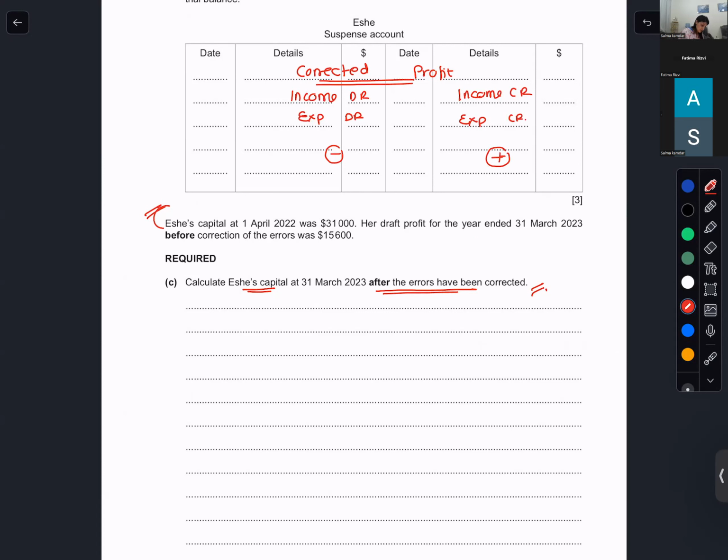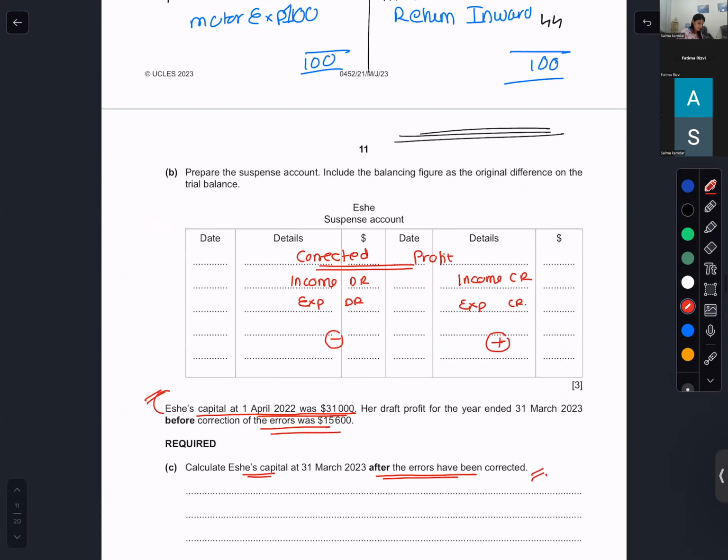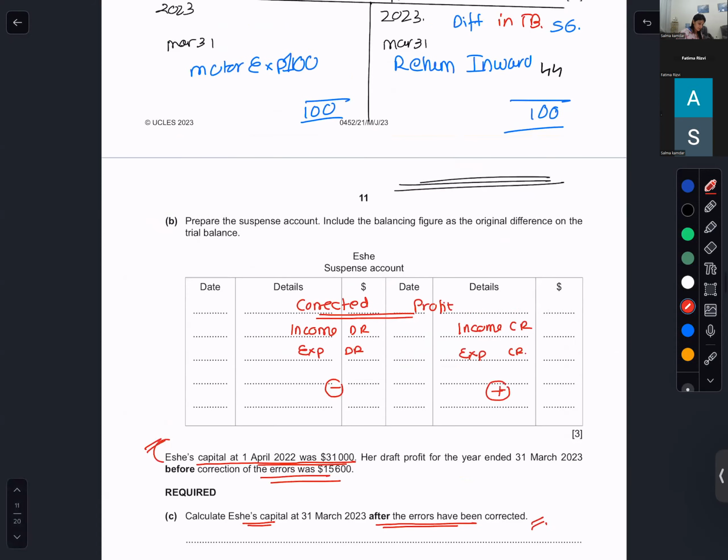Yes, miss. So what is her opening capital? 31,000. Opening capital is 31,000 and profit before correction is 15,600. Okay, fine.